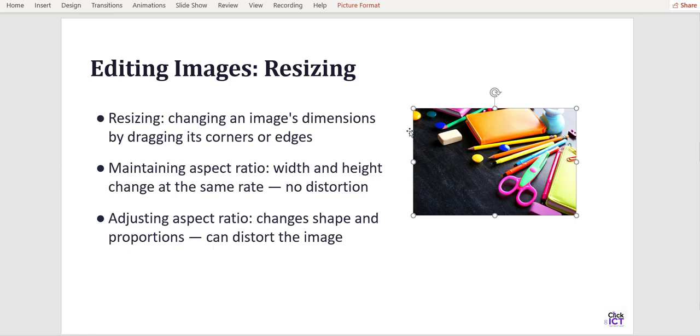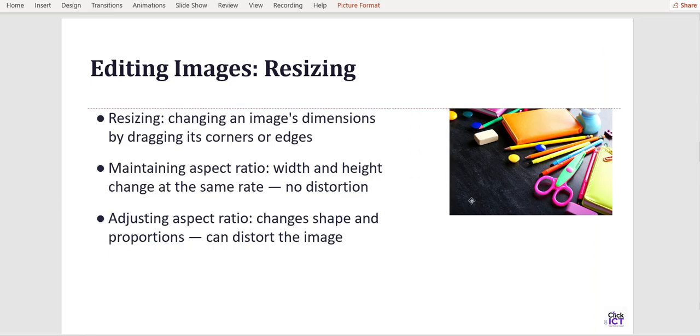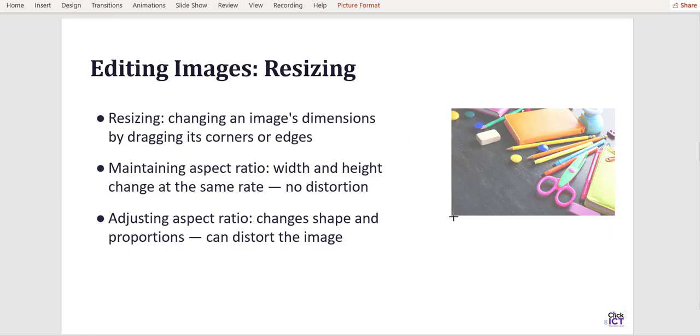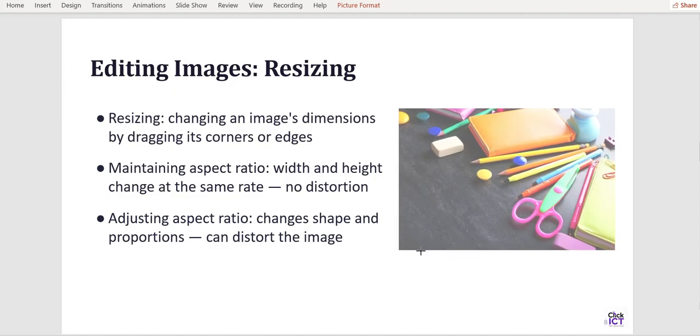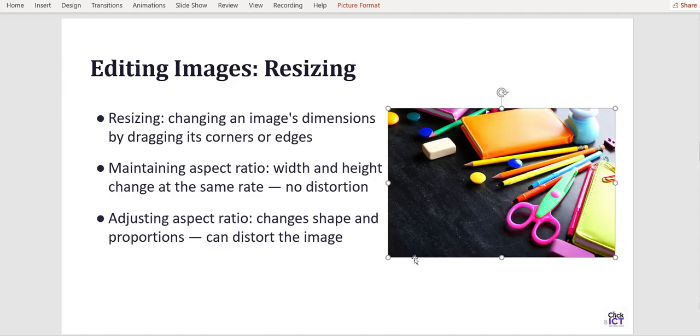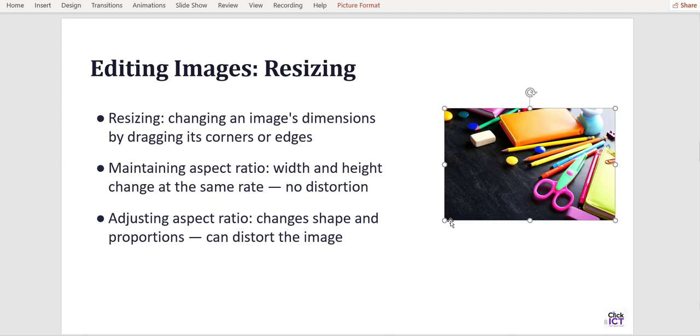Now what is aspect ratio? It is the proportion between the height and the width of the image. So when we drag using the diagonal handles, the height and the width are increased or decreased with the same proportion.